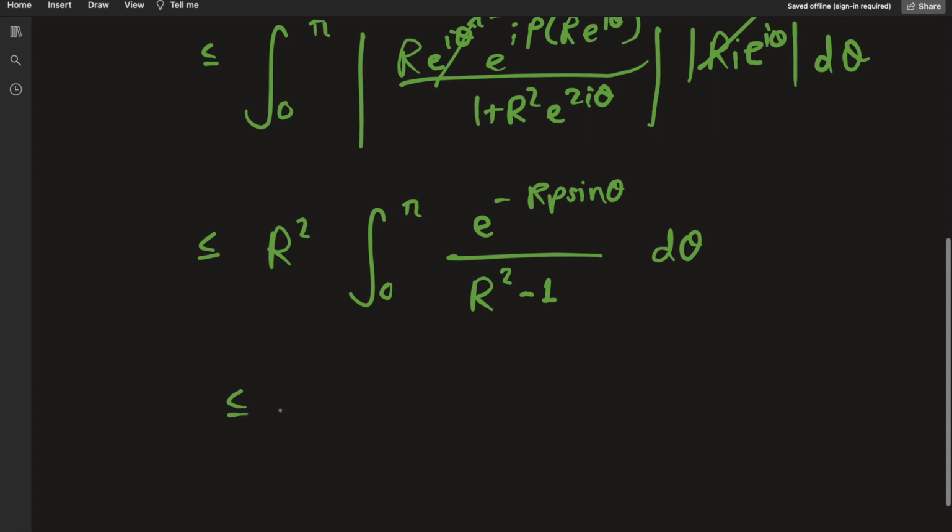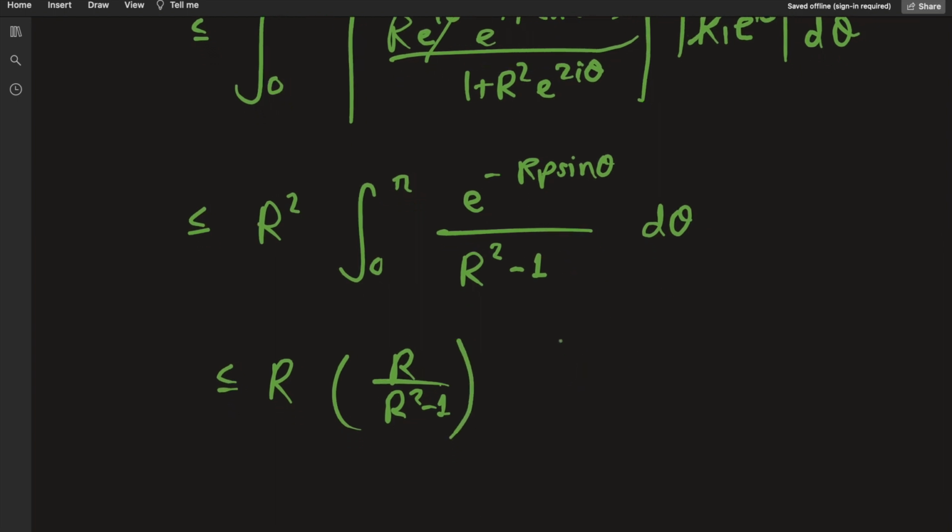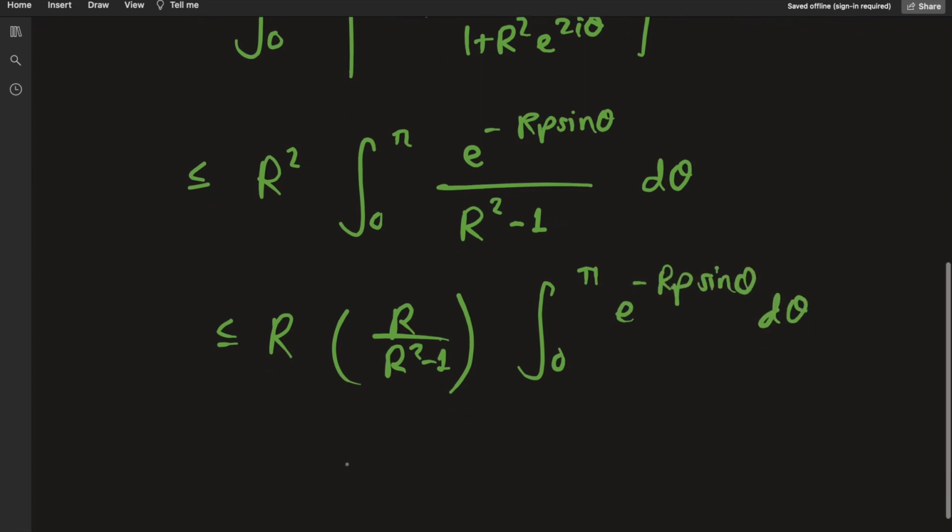Now what's interesting to note is that we take r and r over r squared minus 1 and just have the integral from 0 to pi of e to the negative r p sine theta d theta.